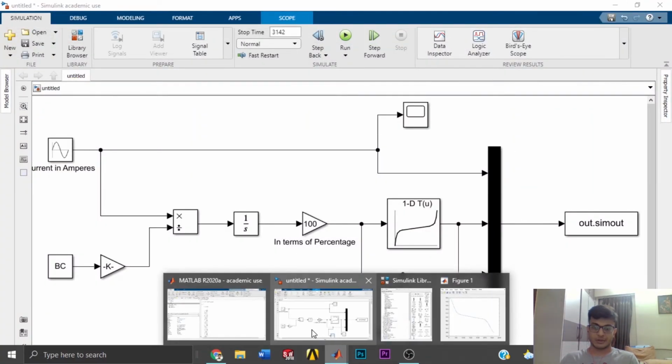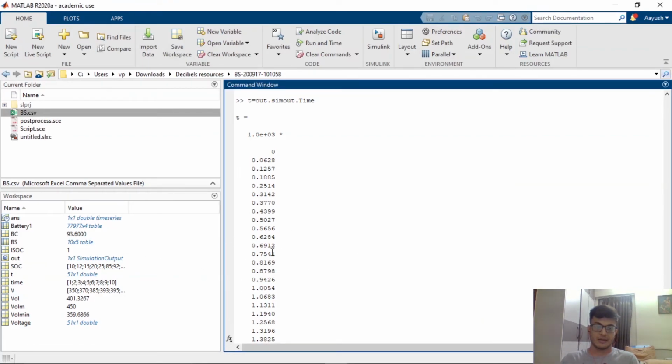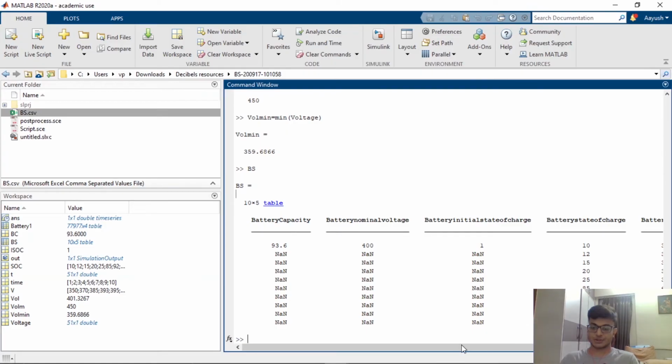So how do we import all these variables that we just saw? Let me show you an Excel sheet. This is extracted from a battery specification.csv file. Here you can see the battery capacity, that is 93.6. This is in watts, and this is in ampere hours.